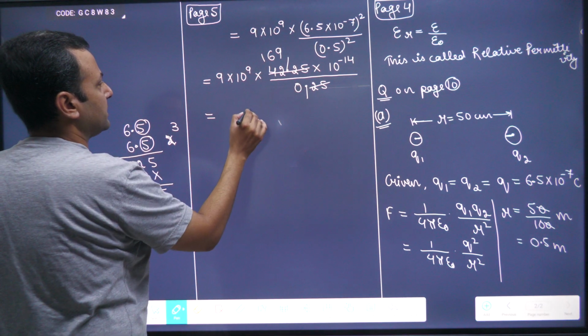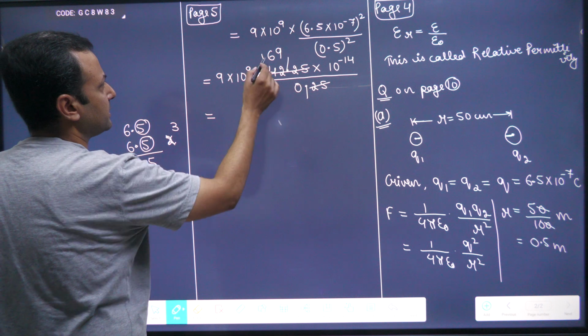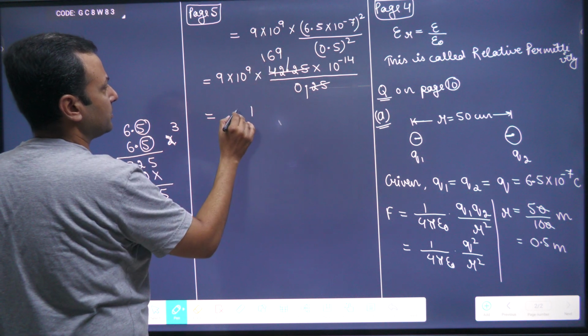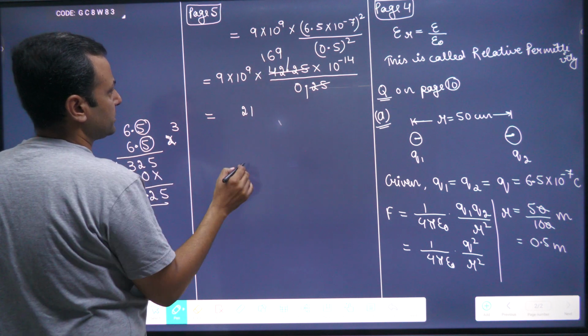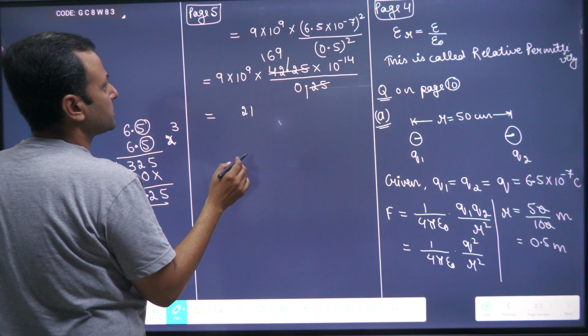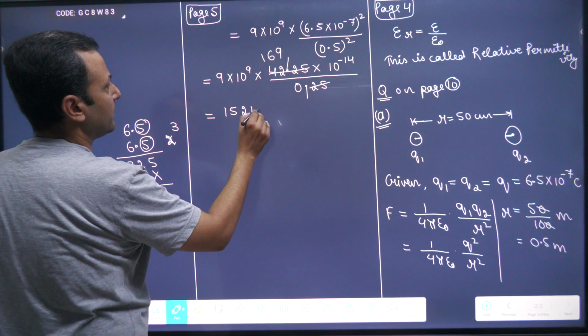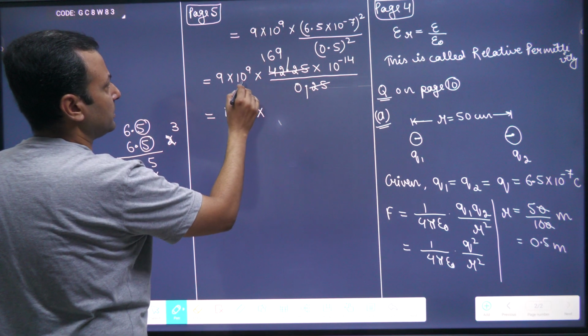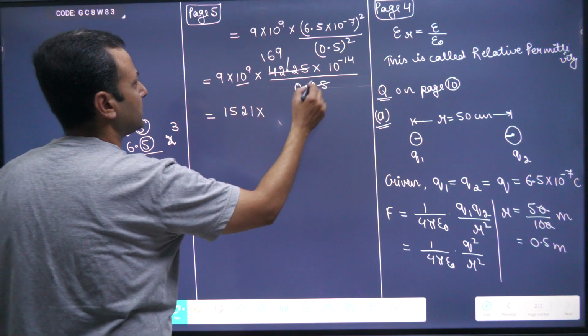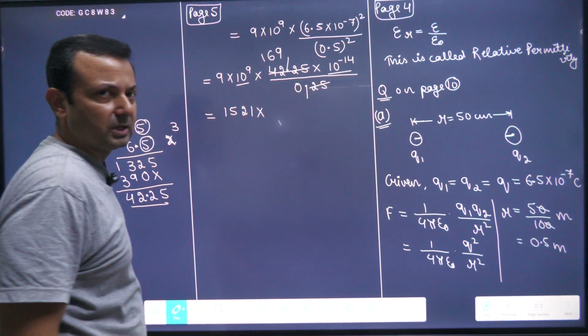Now 9 nines are 81, 8 carry, 9 sixes are 54 plus 8, 62, 6 carry, 9 ones are 9 plus 6 is 15. 1521 into 10 to the power.